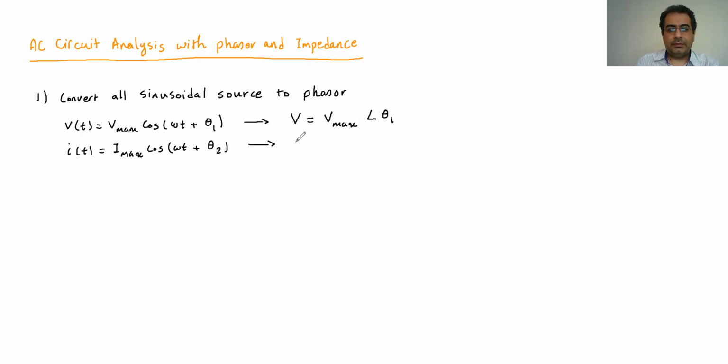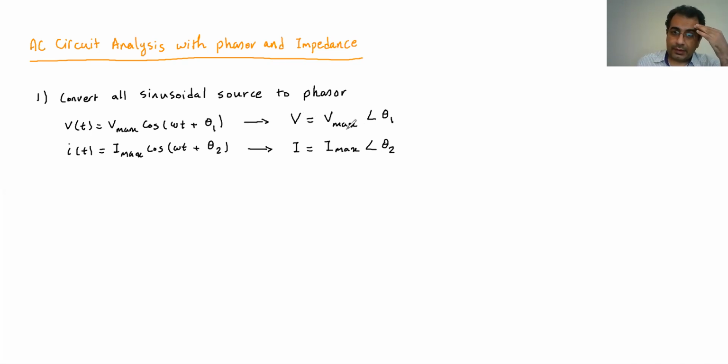Then we write that as I equal to I max with angle of theta 2. So any voltage or current sources that are in sinusoidal form, we are just going to write as phasors.